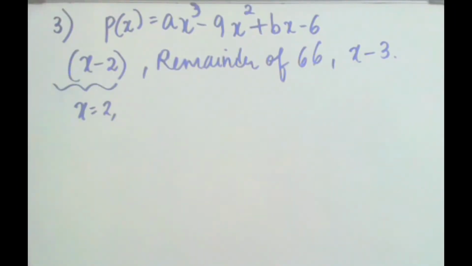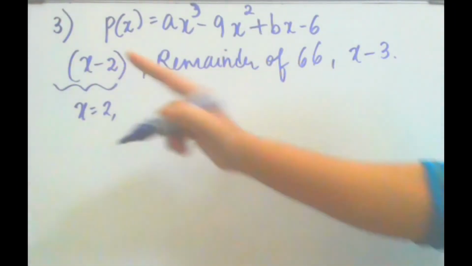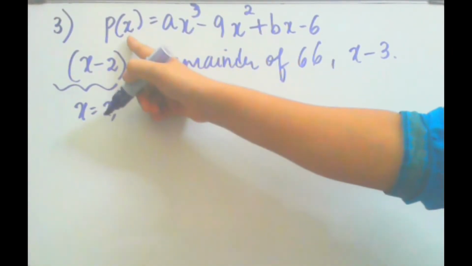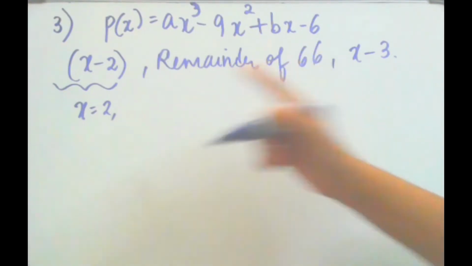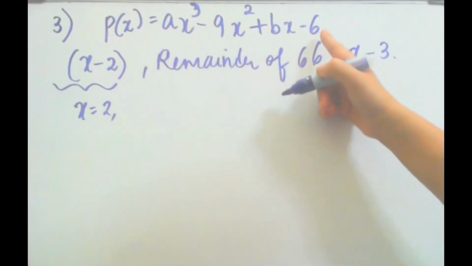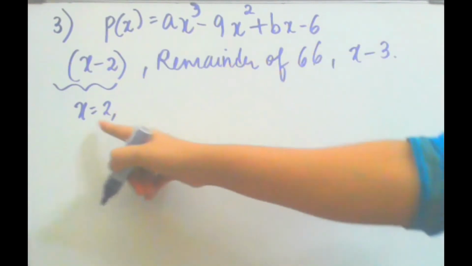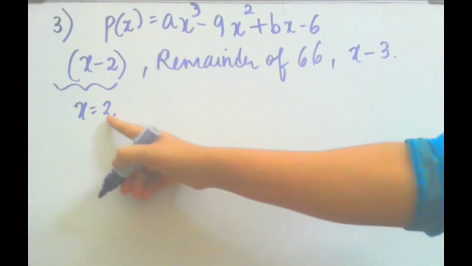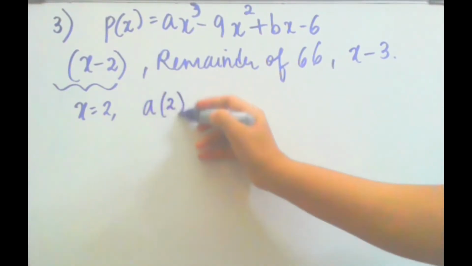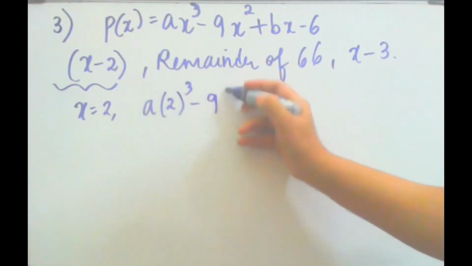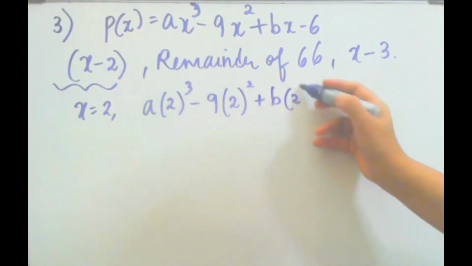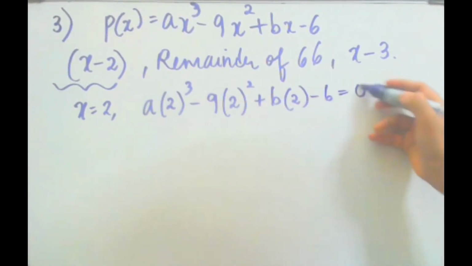Okay. Given that x minus 2 is a factor, that means when x is equal to 2, this polynomial value becomes 0. That is the factor. That means it is the value of x which brings this polynomial value equal to 0. So we will substitute x equal to 2 here. So it is a into 2 cube minus 9 multiplied by 2 square plus b into 2 minus 6 equal to 0.